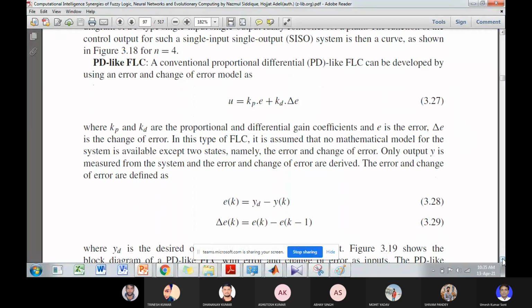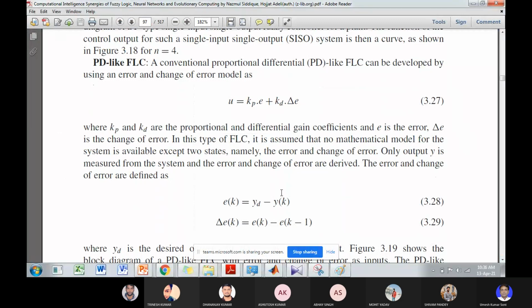Here dt is equal to one sample time, and del e is equal to ek minus ek minus 1.